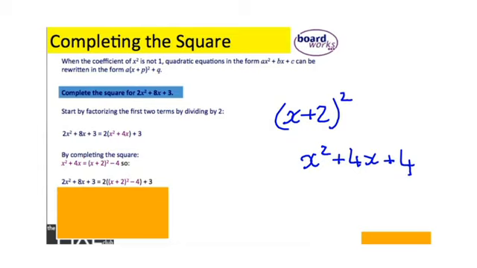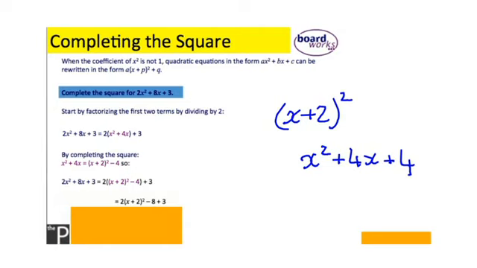So then we're going to do some simplifying. If you look here at the next line, we have 2 bracket x plus 2 squared minus 8 plus 3. The only thing that's changed there is that we multiplied our 2 outside by our minus 4. So 2 times minus 4 is minus 8. The 3 is the same, the bracket at the beginning is the same.